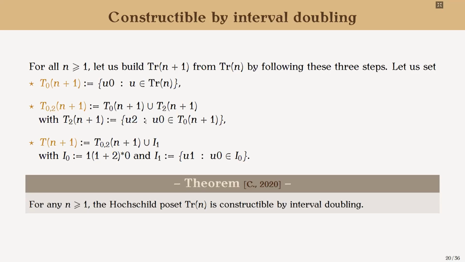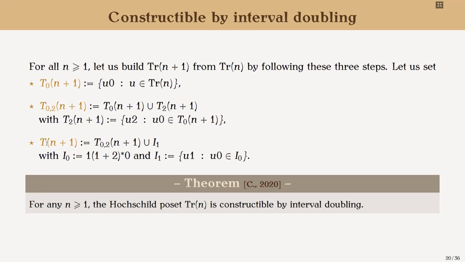So this is our first doubling, if you want. We are just doubling the subposet T0 with T2, and we consider the union of the two posets.